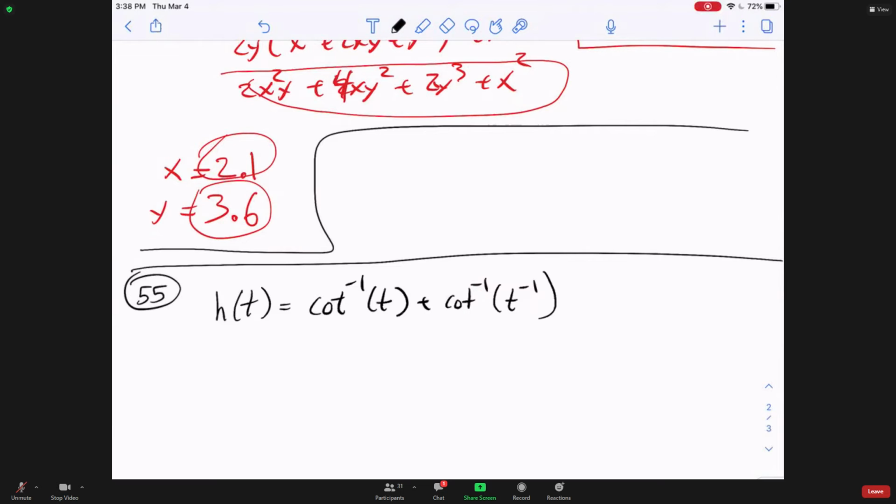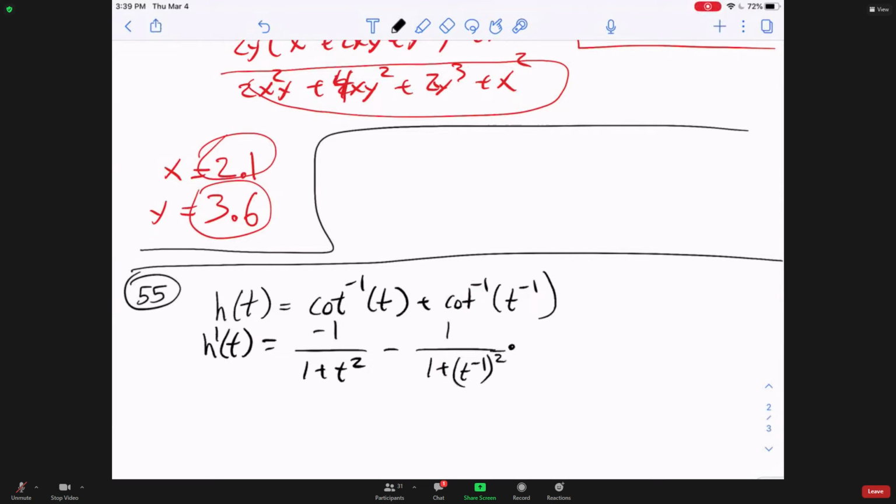So let's take the derivative. H prime of t is equal to, so this is section 3.4. What's the derivative of arc cotangent? Well, it's the same as arc tangent with a negative sign, right? Okay, no participation. I'm going to have to mark you guys down for participation here. Minus 1 over 1 plus t to the minus 1 squared, but then times the chain rule.